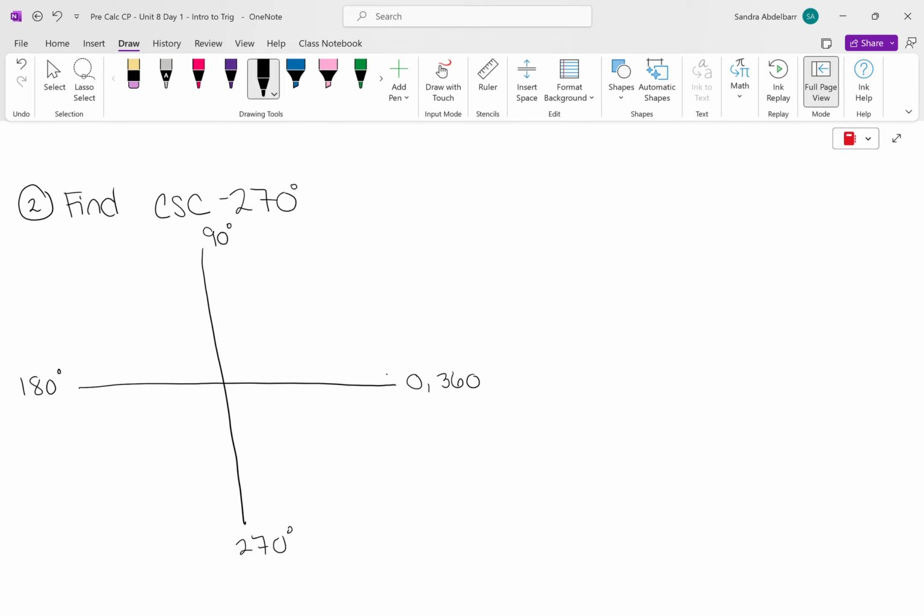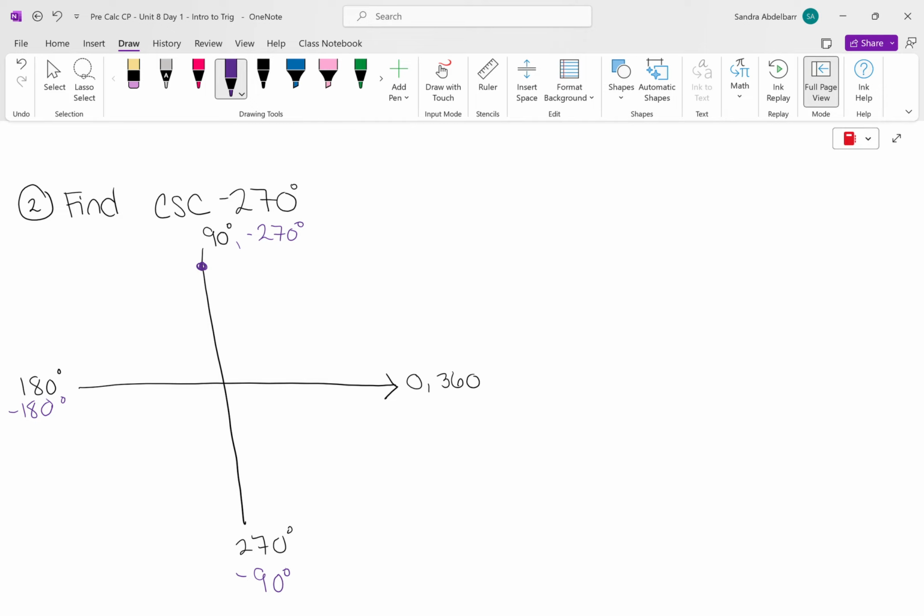Clockwise. The positive angles work counterclockwise. The negative angles work clockwise. So this will be a negative 90. That will be a negative 180, which means this will be negative 270. So that means we are up here.